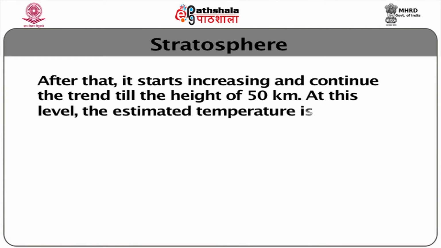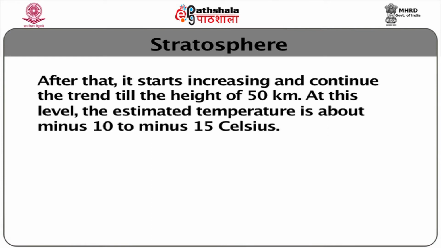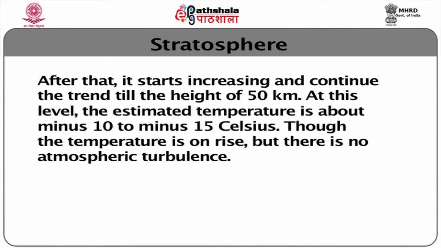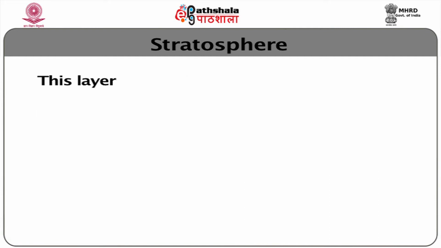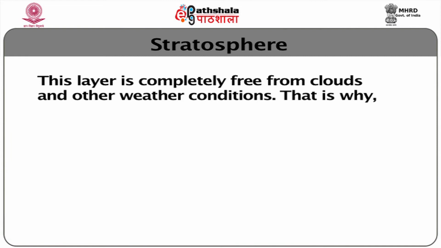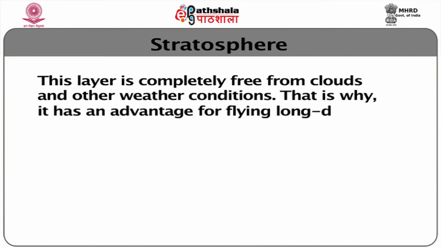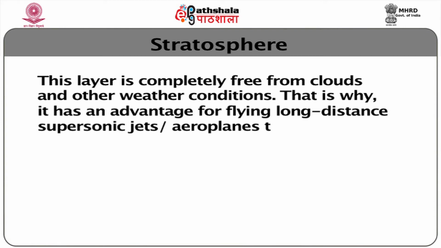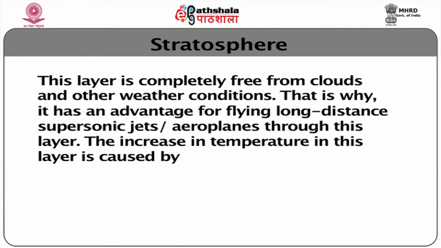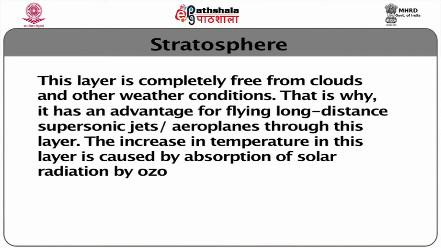At this level, the estimated temperature is about minus 10 to minus 15 degrees Celsius. Though the temperature is on the rise, there is no atmospheric turbulence. This layer is completely free from clouds and other weather conditions. That is why it has the advantage of allowing long distance supersonic jets and aeroplanes to fly through this layer. The increase in temperature in this layer is caused by absorption of solar radiation by ozone, that is O3.